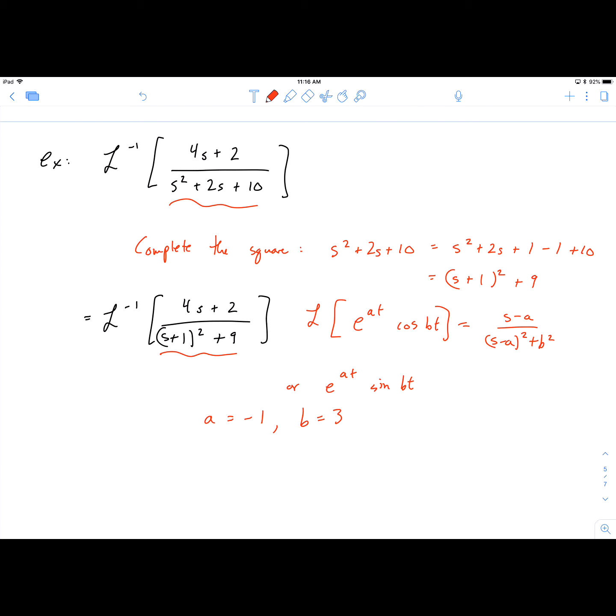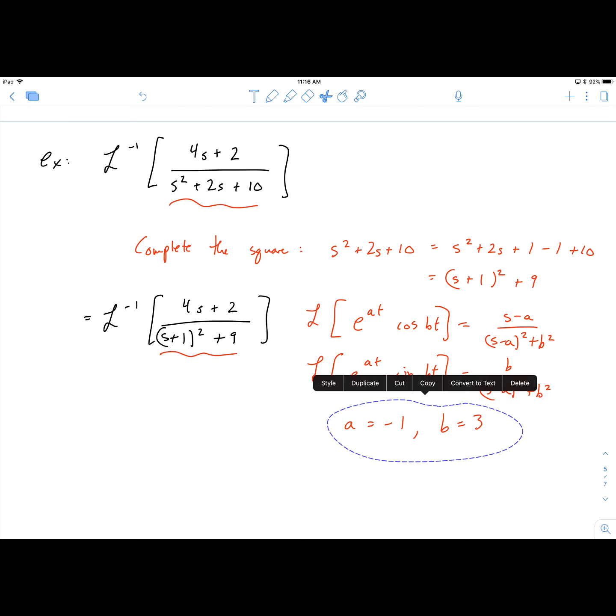And the sine is b over s minus a squared plus b squared. So both of them have the same denominator, but the numerator on the cosine involves an s, and the numerator on the sine does not. So looking at this one where you have 4s plus 2, we've got to figure out how to make that match one or both of these forms.